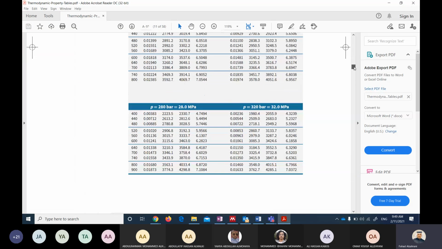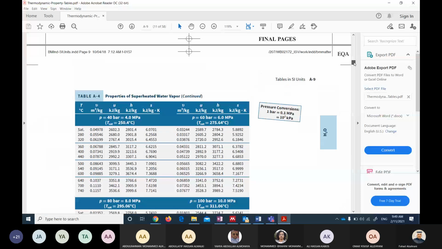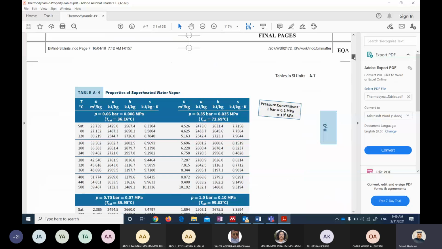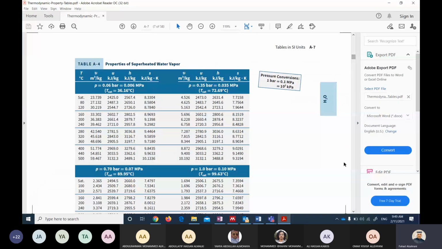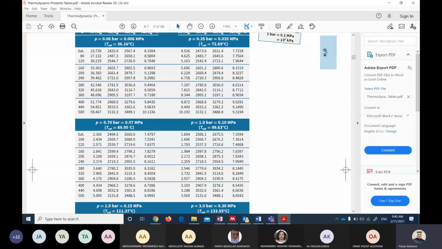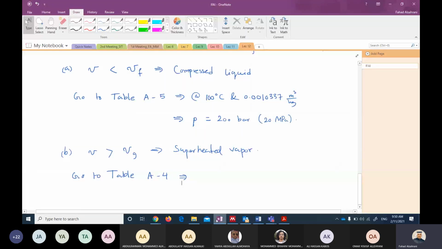So this is superheated. If you go to this table, you see at this pressure, 0.07 megapascal or 0.7 bar, at 100 degrees, you find 2.434. So the pressure is 0.7 bar or 0.07 megapascal.